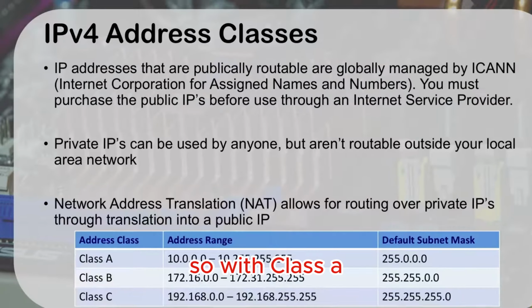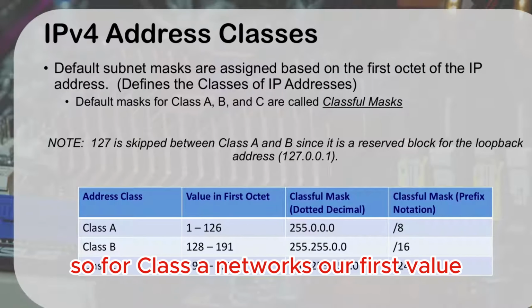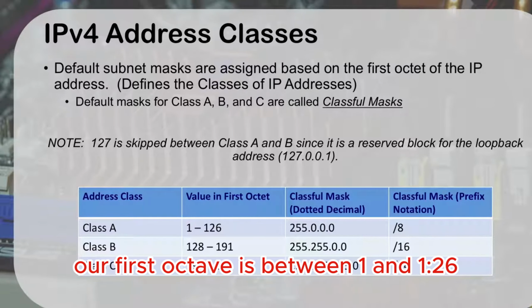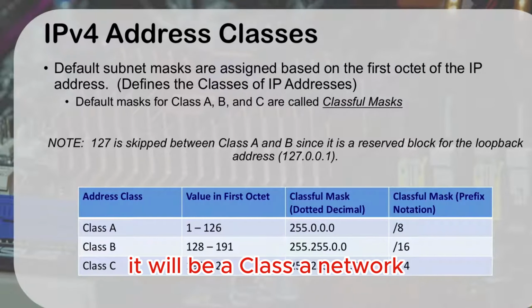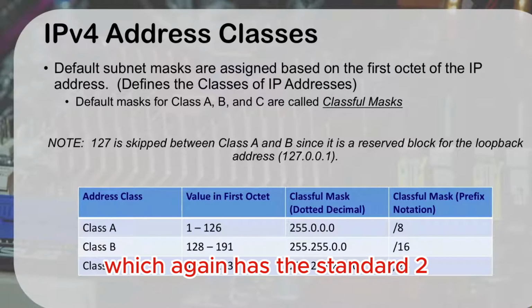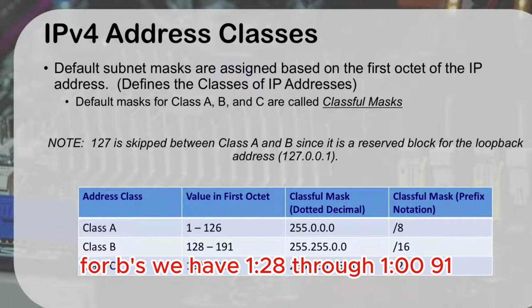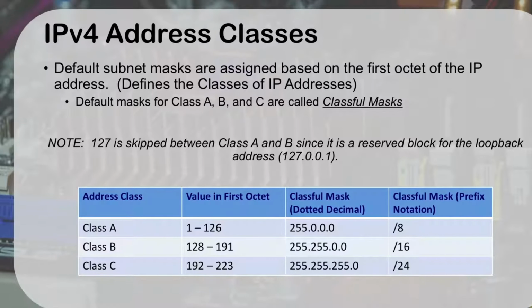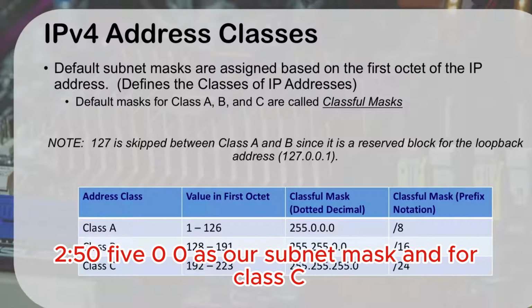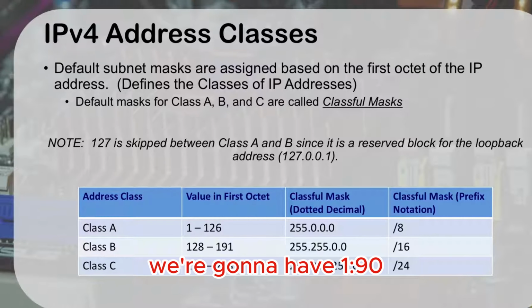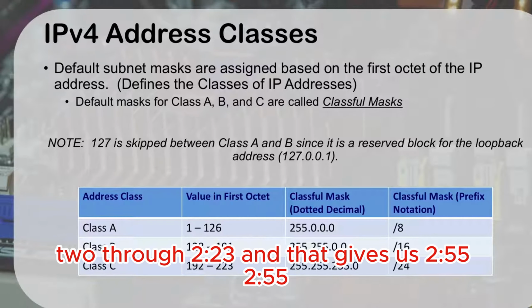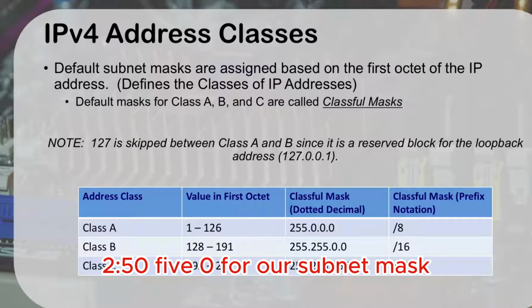So for Class A networks, if our first octet is between 1 and 126, it will be a Class A network, which again has the standard 255.0.0.0 subnet mask. For B's, we have 128 through 191, and that means we're going to have 255.255.0.0 as our subnet mask. And for Class C, we're going to have 192 through 223, and that gives us 255.255.255.0 for our subnet mask.